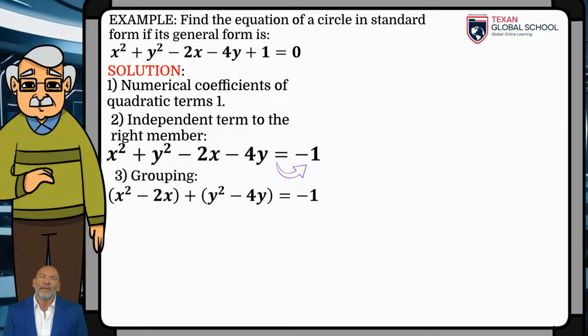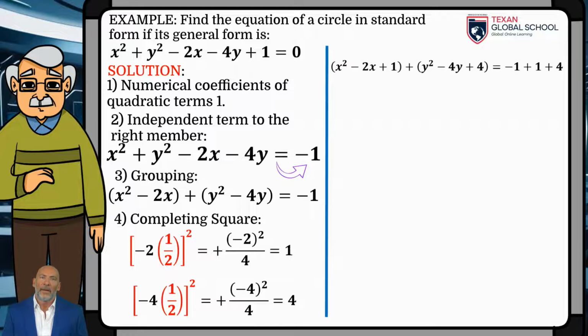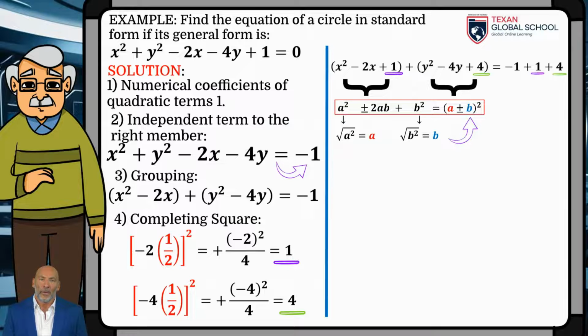Send the independent term to the right side of the equation. And group according to x and y. Then, multiply the numerical coefficient of the linear terms by 1/2, and square the result. So, -2 times 1/2 squared is equal to 1. And -4 times 1/2 squared is equal to 4.